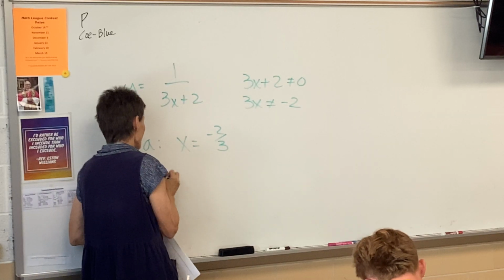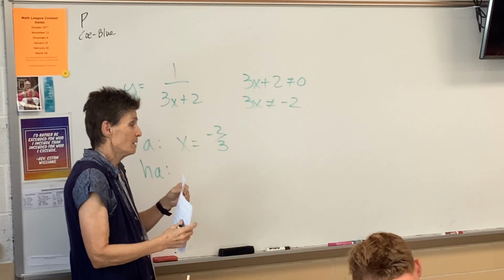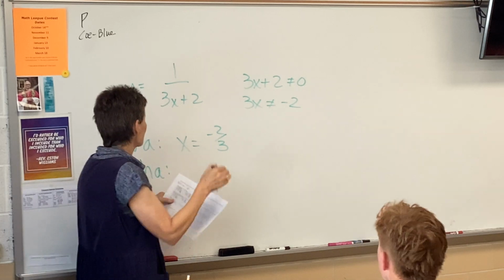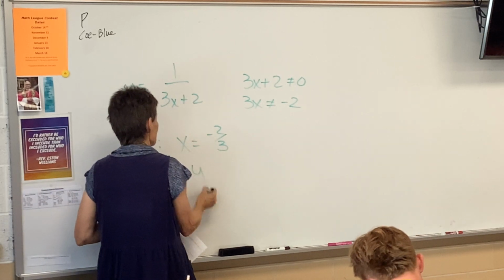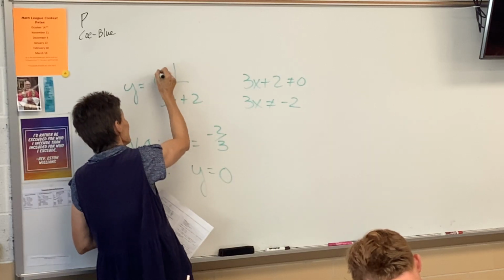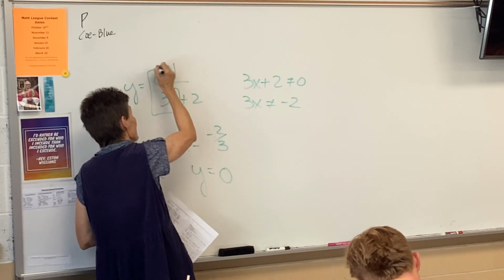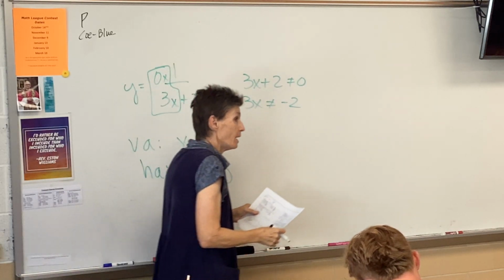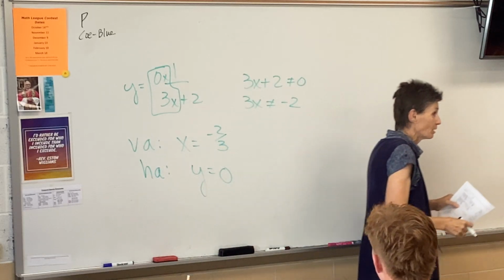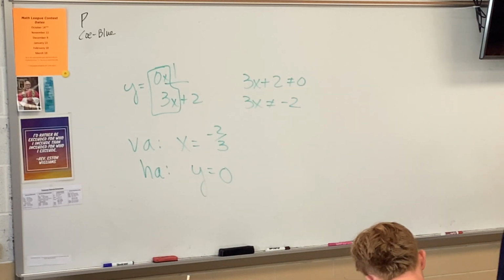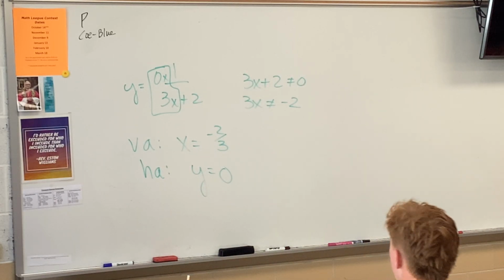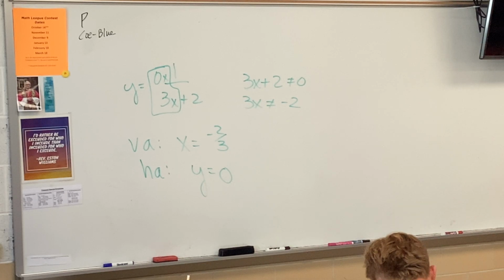Now, it also has a horizontal asymptote at 0. Why is it at 0? Because the power on top is smaller. I don't have an x on the top. Therefore, my terms will continue to get smaller. All right, that takes care of B.